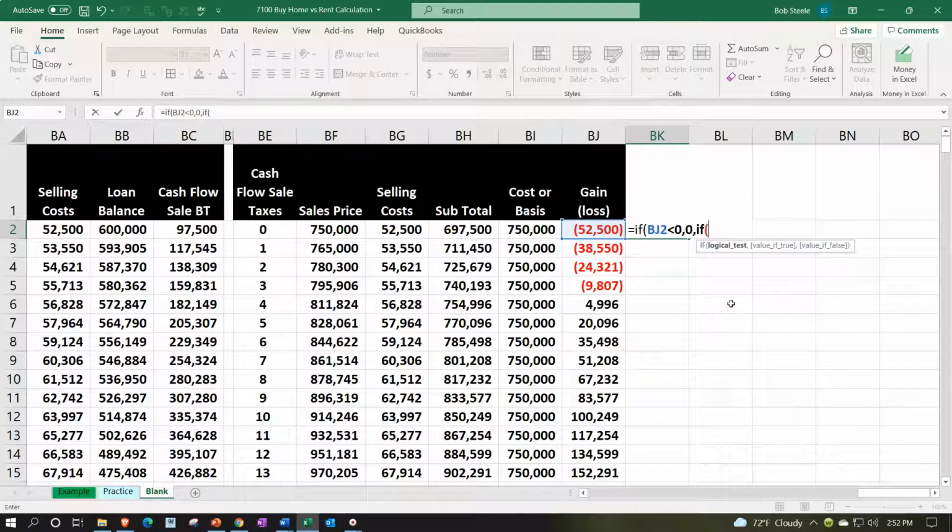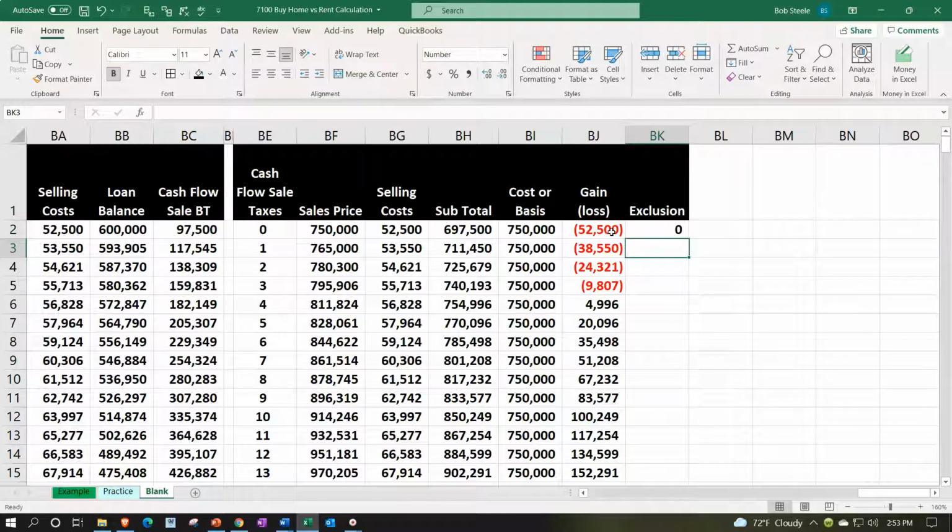I'm going to say if this number is greater than 250,000, which is basically our exemption amount, then we want you to take the 250,000, it's our cap amount. If not, comma, then we'd like you to take this number. And then we'll close up the brackets, close it up again, and let's see if that does what we would expect it to do. So it's going to put a 0 here.